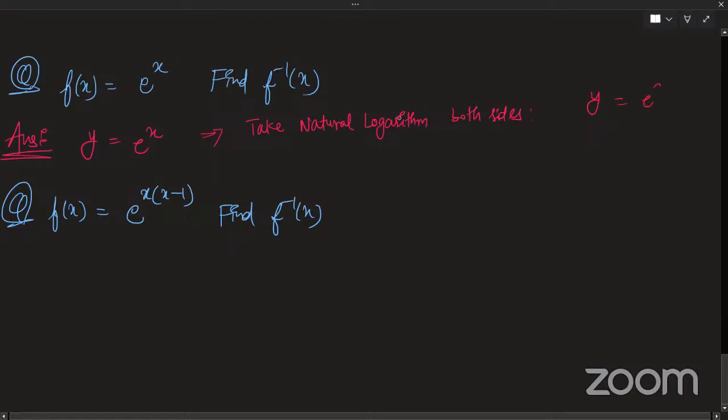So I have y is equal to e raised to x, so I can say ln of y is equal to ln of e raised to x. So tell me what will be my right hand side equal to? What is ln of e raised to x? It is x.